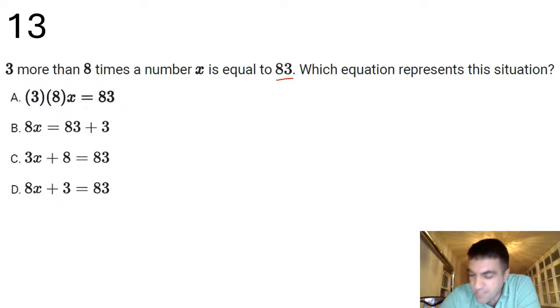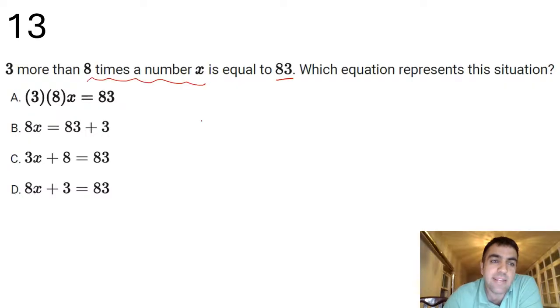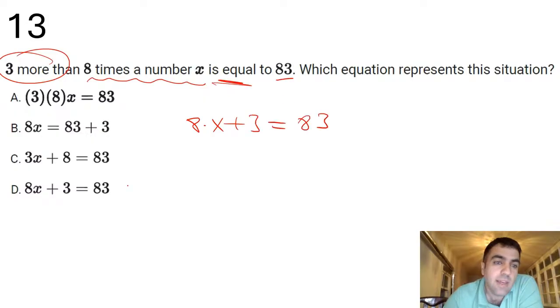Fear says it is D. 3 more than 8 times a number x. 8 times a number x should be 8 times x, right? And 3 more than means plus 3 is equal to 83. And the correct answer is D.